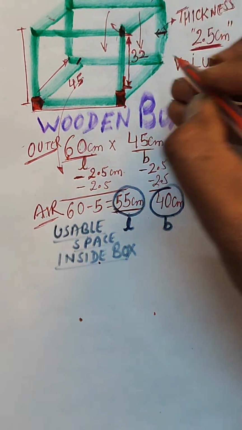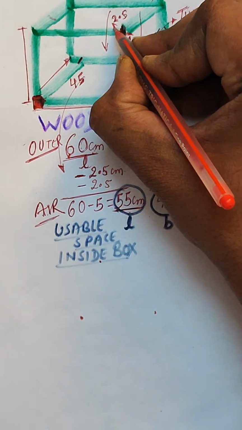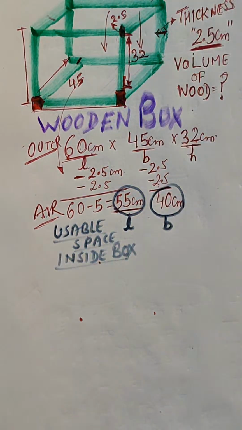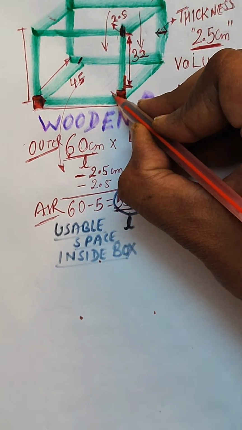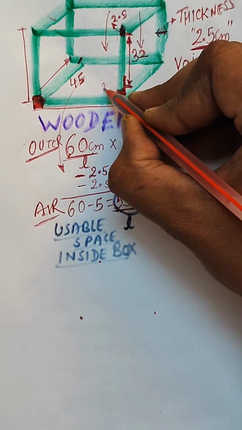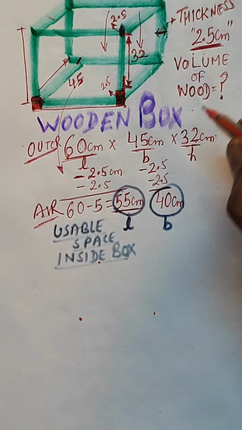This width is 2.5. 2.5 I am saying. Okay. Similarly here also 2.5 thickness, this thickness. So this will be removed.